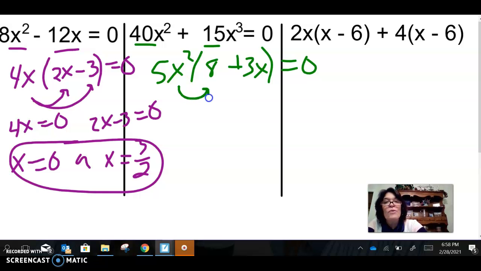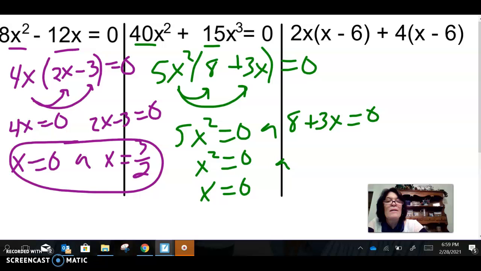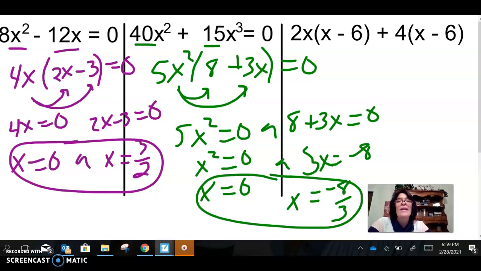Let's see, that's still 40x squared plus 15x cubed, yep. So either 5x squared is 0 or 8 plus 3x is 0. So x squared is 0 when x is 0, or will this be 3x equals -8? So x equals -8/3. Those are my two answers for the middle one. -8/3 and 0.